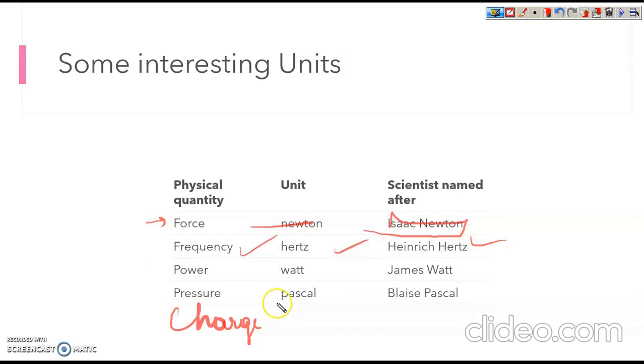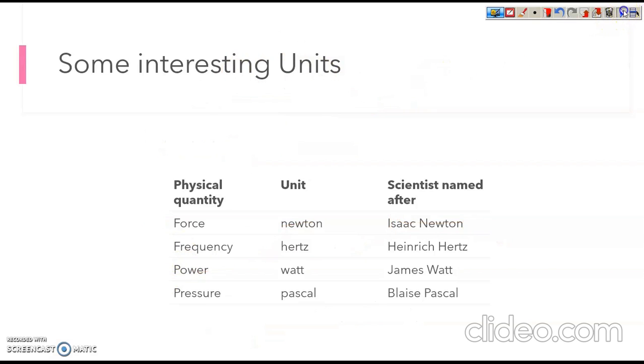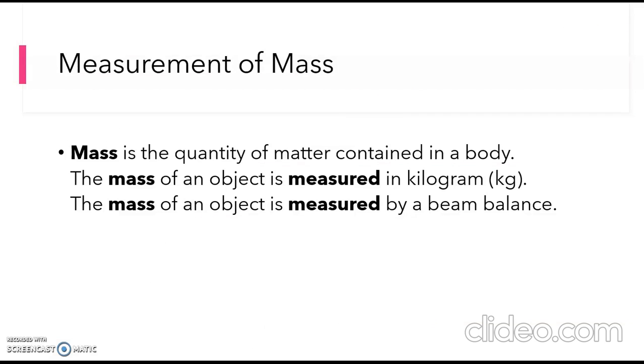Its unit is coulomb, which was also named after a scientist, and it's written as C. And there are more, like energy. Energy is joule. And then current is ampere. And then power is watt. Okay. These are some interesting units which are named after scientists.